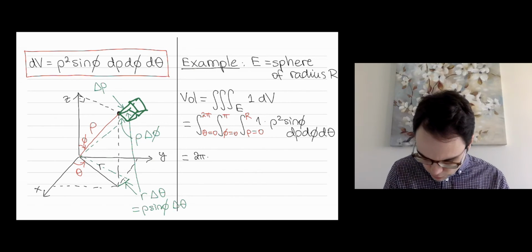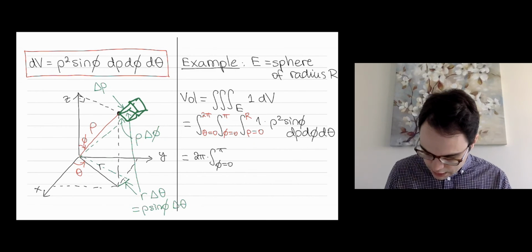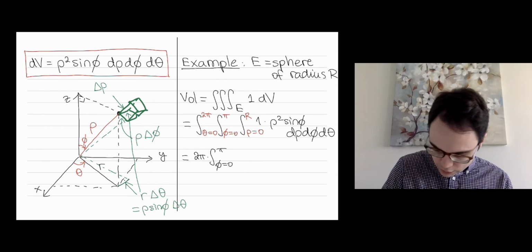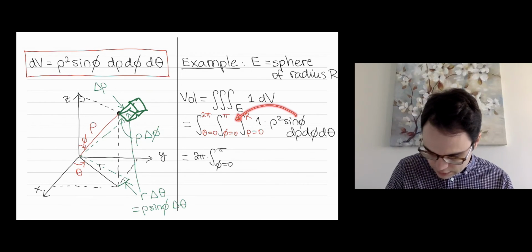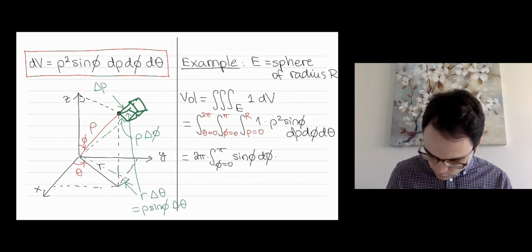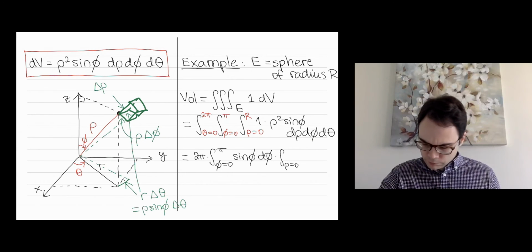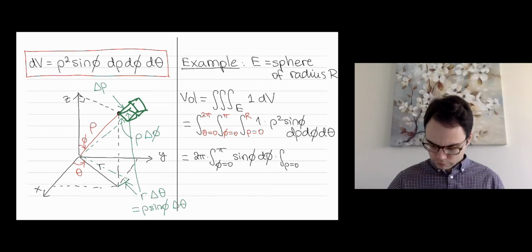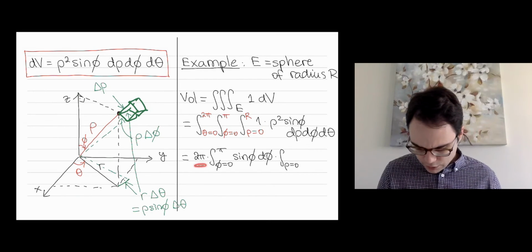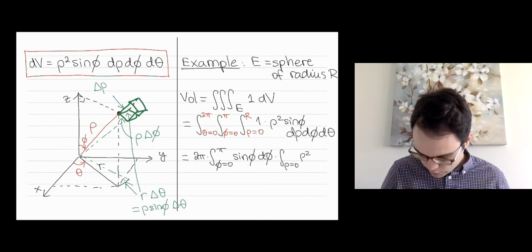Now there's an integral in phi from 0 to pi, and I can also pull out the sine phi. So I hope you agree that I can write this integral as a product of 3 integrals. The integral in theta is out here, the integral in phi is here, and the integral with respect to rho is here.